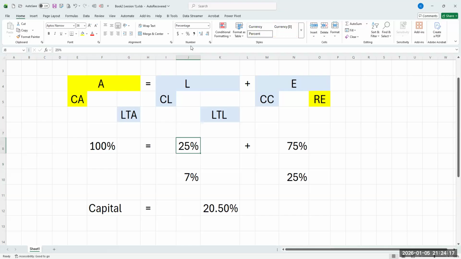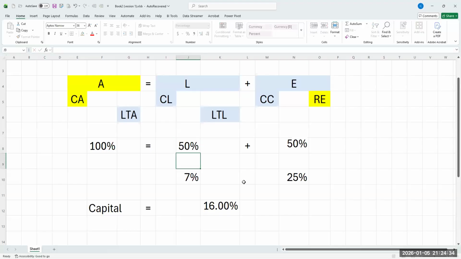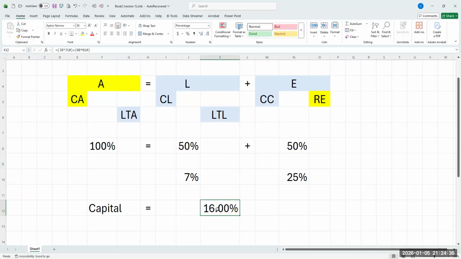If I have only 20% borrowing, my cost of capital is 21%. And that's a bad thing. It costs me more. But if I add more debt, let's say I make it 50-50, look at how much the cost of capital is. That's good for you compared to that other situation. Make sense?